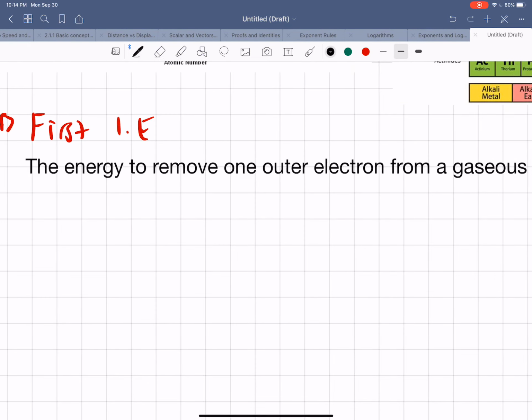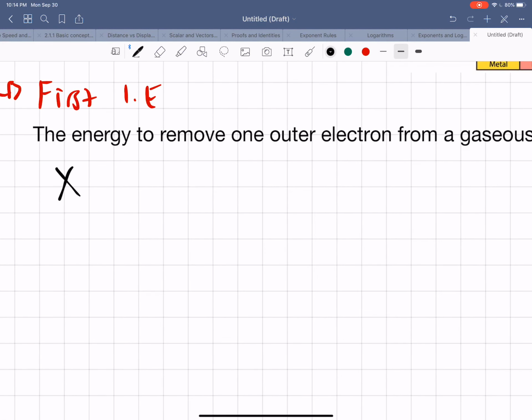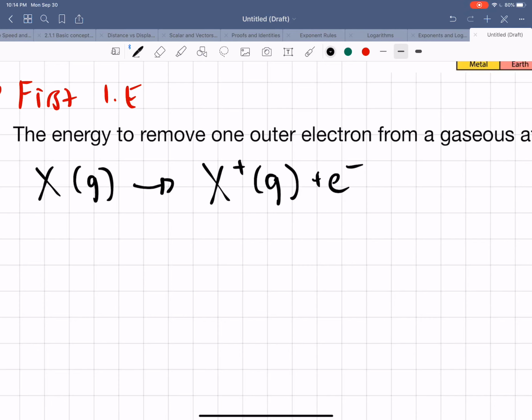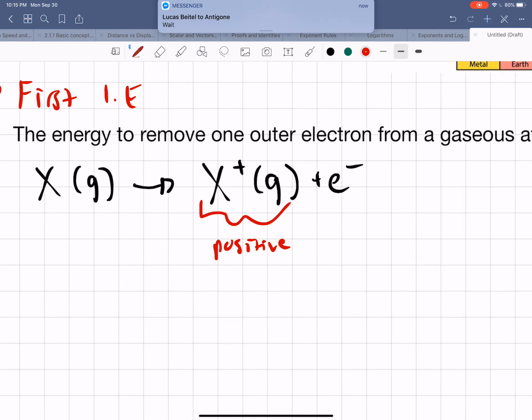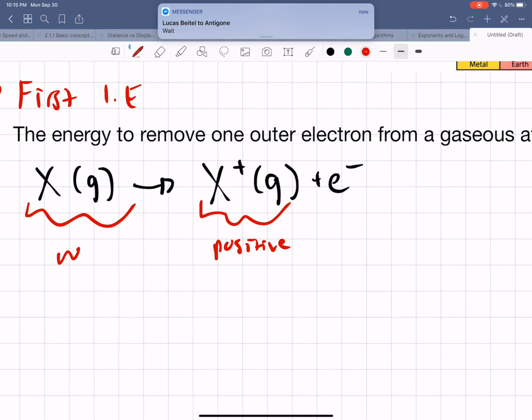So if I have a gaseous atom, we can denote it as X(g). And when we remove one electron, it becomes X with a positive charge. When we remove an electron, it becomes positive, and this was once neutral.